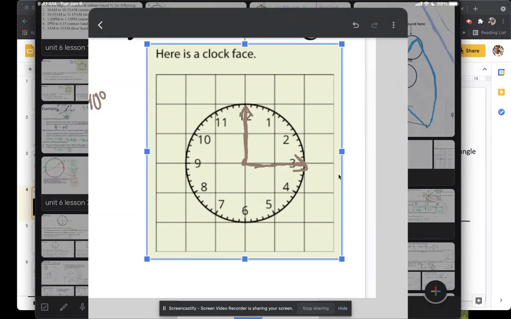But to go from 2 p.m. to 4 p.m., that's 2 hours and 15 minutes. So that means it goes around the circle once.